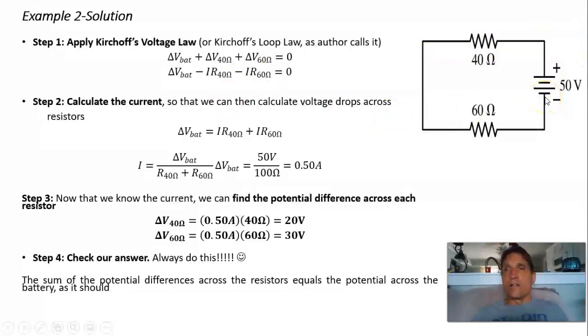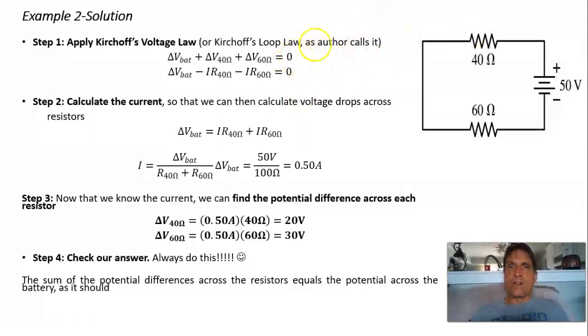So we get the first potential difference, delta V battery, plus delta V across the 40 ohm resistor, plus delta V across the 60 ohm resistor. That always has to be 0. Adding them all up, they all have to add up to be 0. Okay, so that's the first step, always, for any loop.